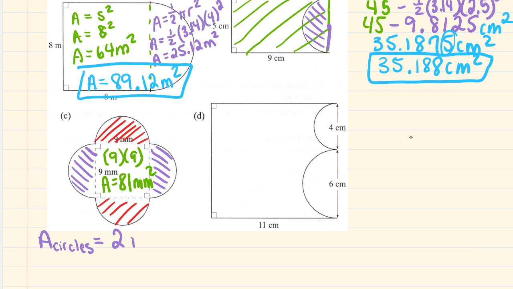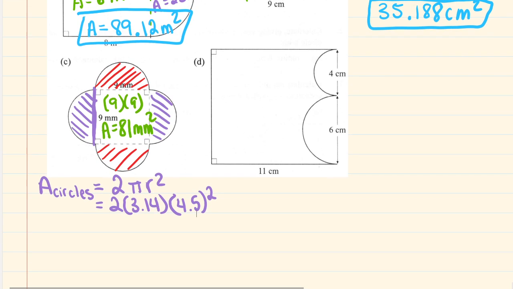So 2 times pi r squared, or 2 times 3.14. All the way across the circle is 9 millimeters, so halfway across is 4.5 millimeters. So let's type that in.